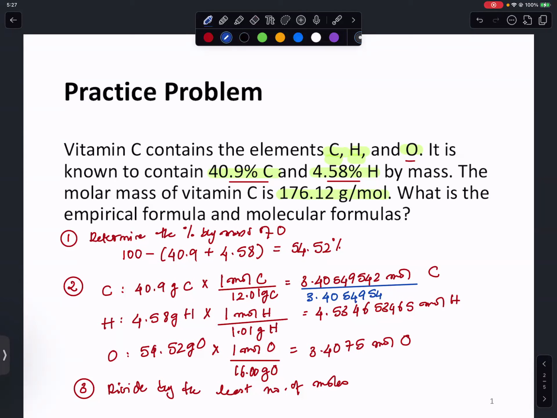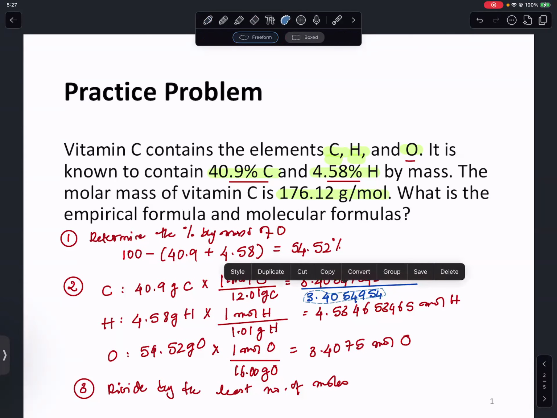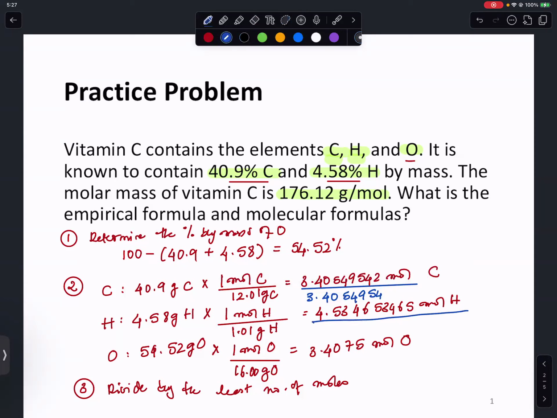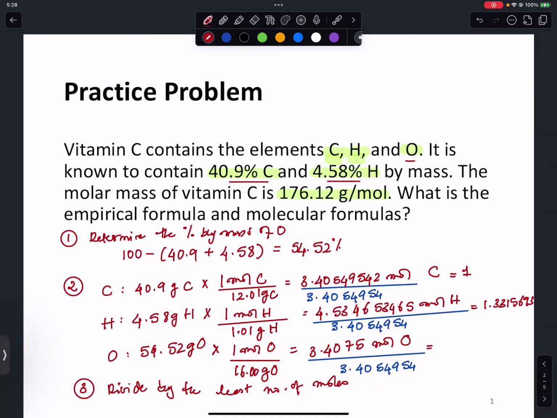Okay, and I will just keep copying and pasting this right here. So here's divided by this number, and then divided by this number right here, and I get a ratio of 1 to 1.3315693, and for oxygen I get 1.000588631.